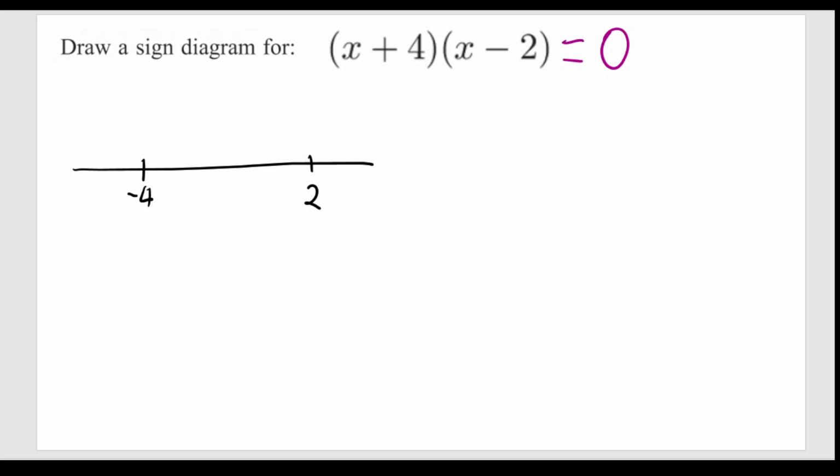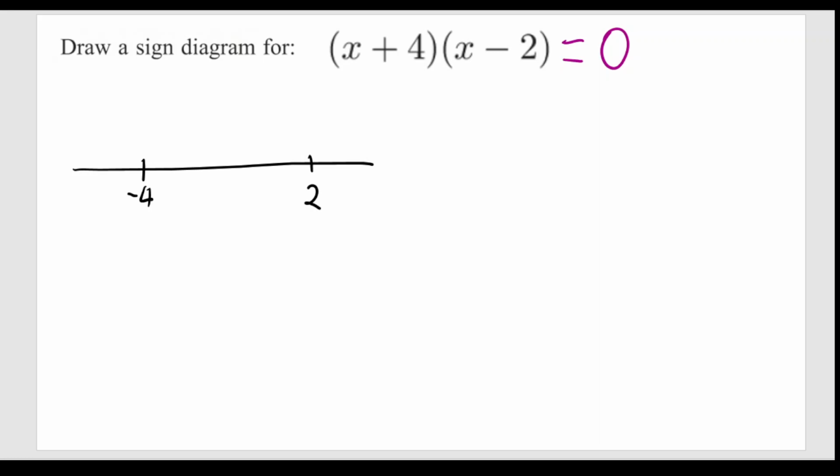Now, in order to find whether we have a plus or a minus on each of our spaces on our sign diagram, what we do is we just input a variable number in place of x on either side of these critical points. So either side of these zeros.